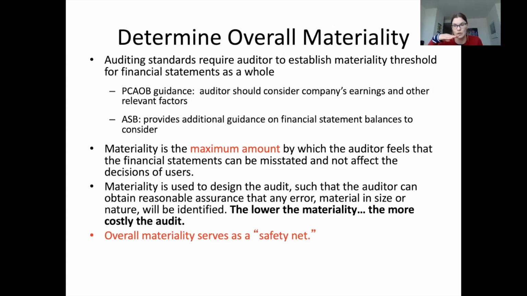However, the higher you set that threshold, the more risky it is to you as an auditor, because I'm calling everything underneath here immaterial, and maybe it will affect somebody's judgment. So I generally want to be conservative when determining the threshold, but not too conservative because then it gets costly, and not too aggressive because then that could expose me to risk in other ways.